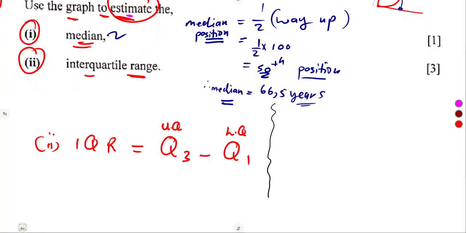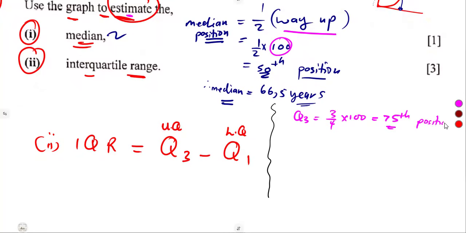If you are working with the upper quartile, which is our Q3, that is 3/4 of the distribution, 3/4 way up, 3/4 of 100, which is at 75. So this is the 75th position.